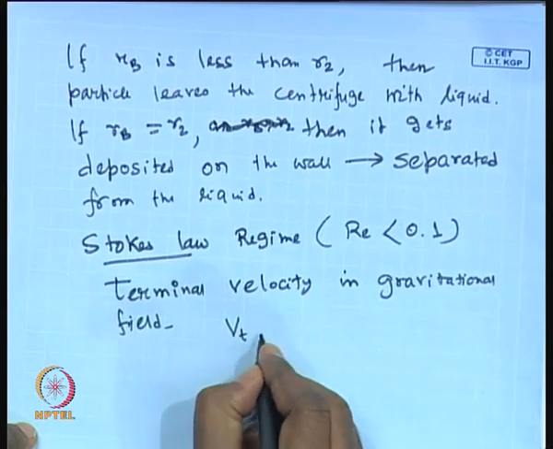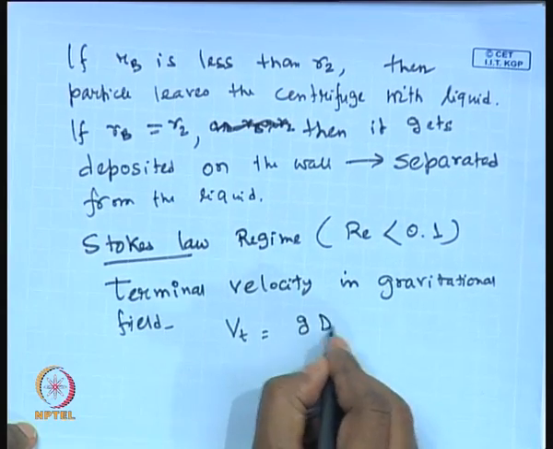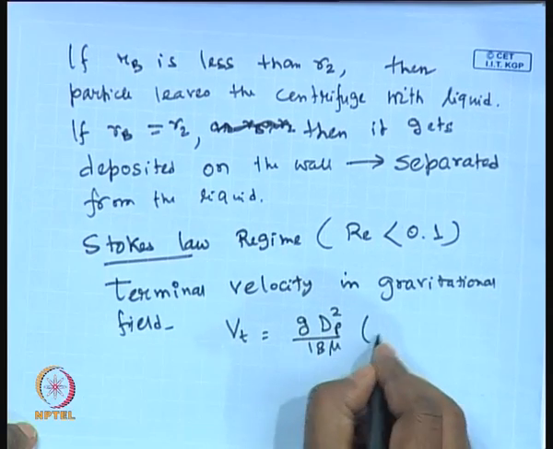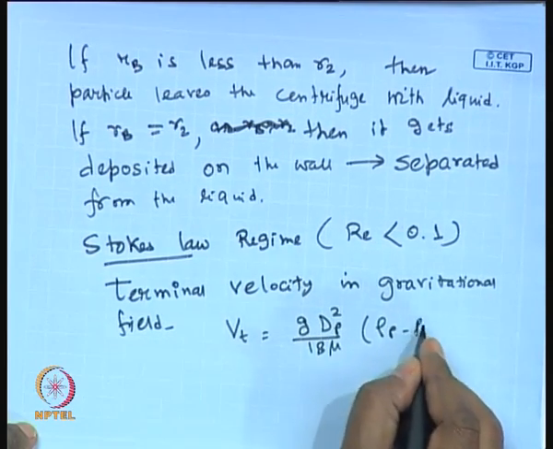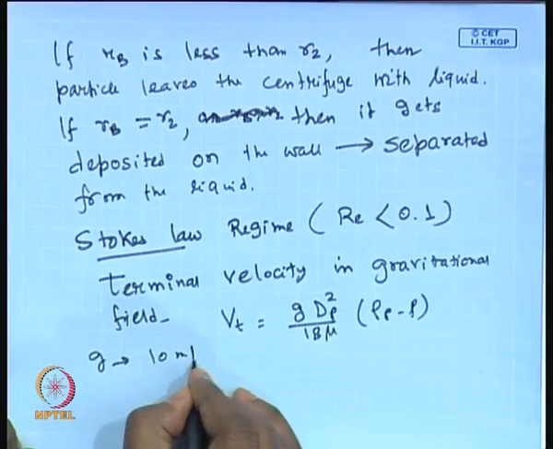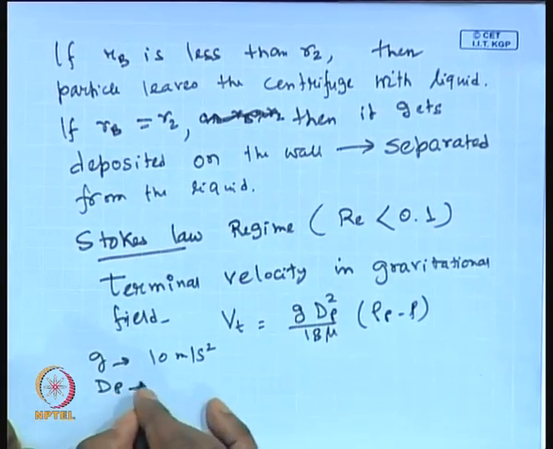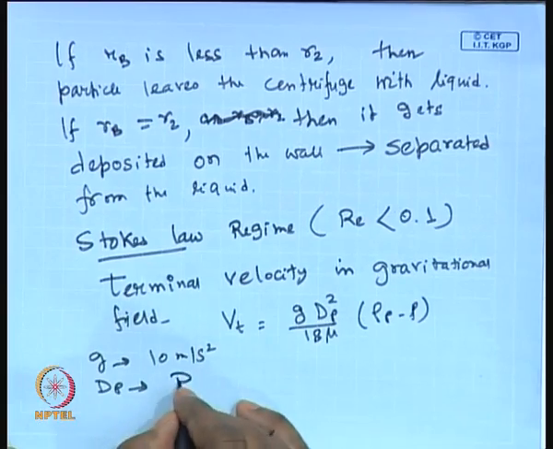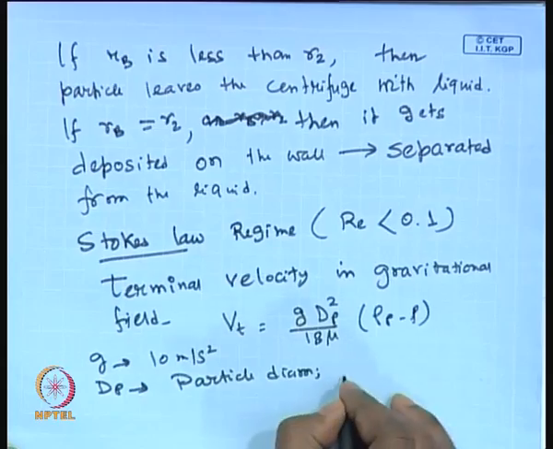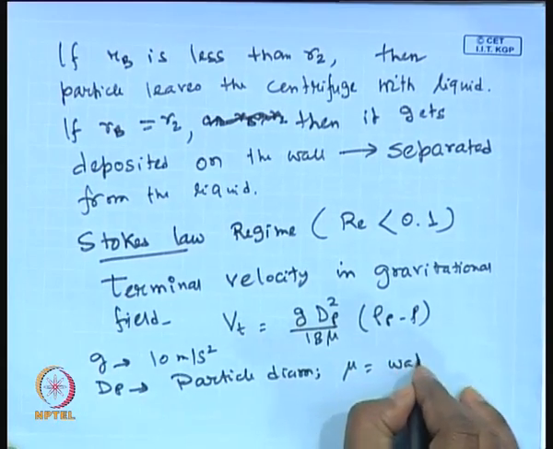becomes Vt is nothing but g times dp square, Dp is the particle diameter, 18 mu into rho p minus rho. So, g is acceleration due to gravity, 10 meter per second square. Dp is the particle diameter. Mu is water viscosity or fluid viscosity.